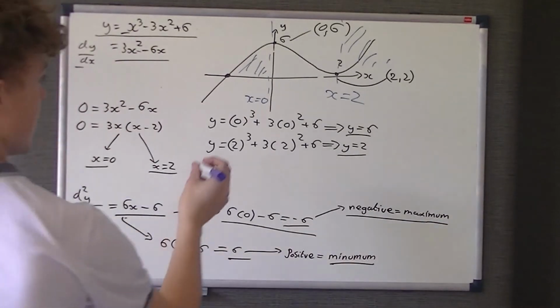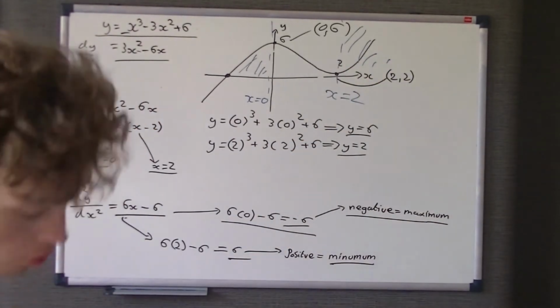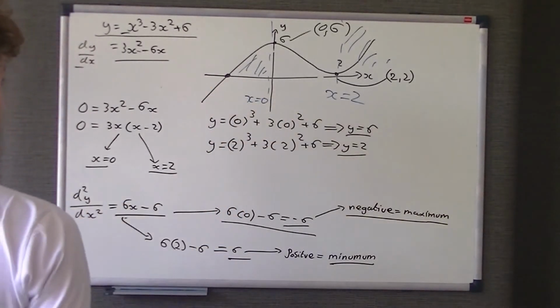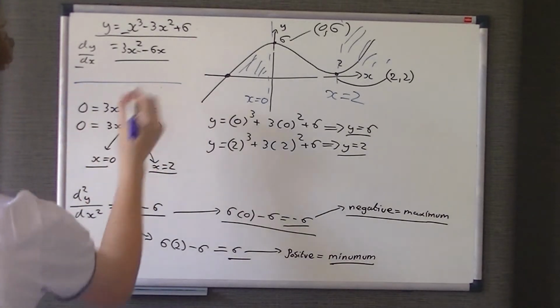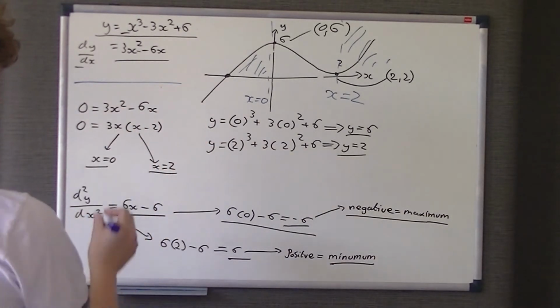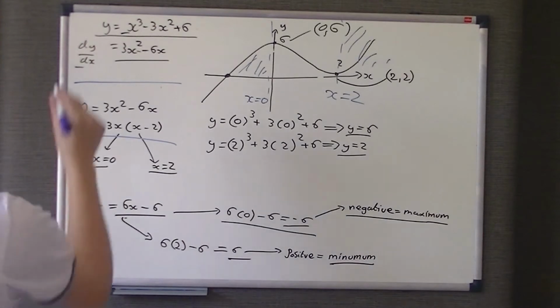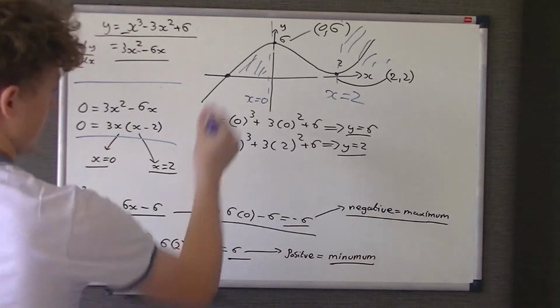So what we can say is after x is 2, the gradient is increasing. However, before x is 0, the gradient is also increasing. So this is our gradient function here. If we've got x is 0, obviously this is what we're going to be using. That's just the gradient function, but we know it equals 0 at this point.